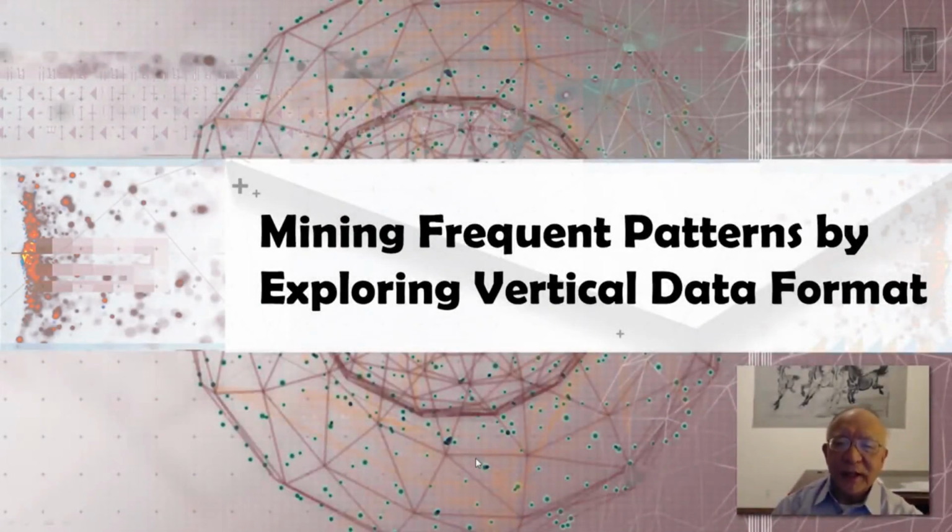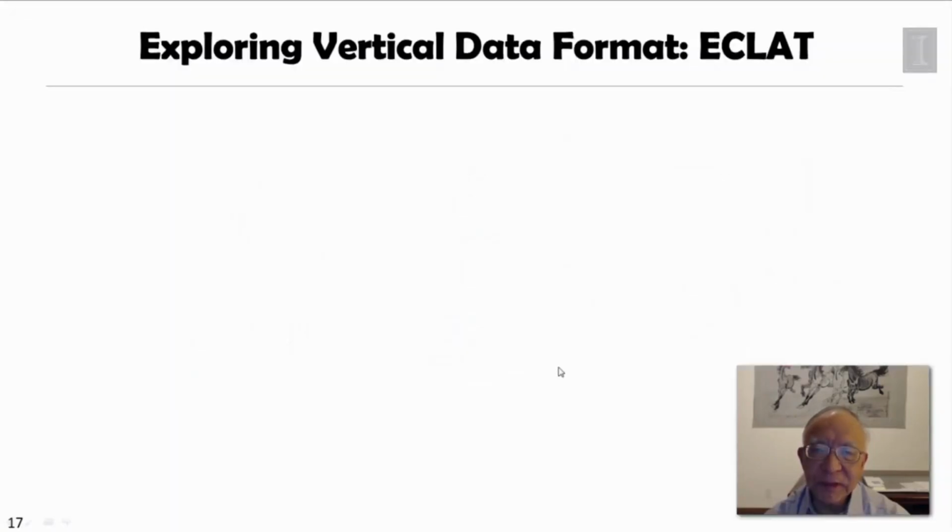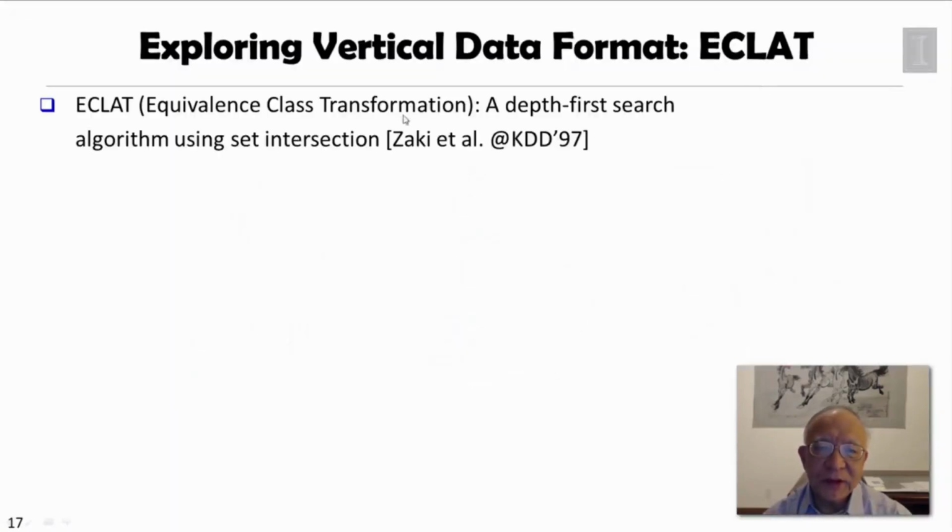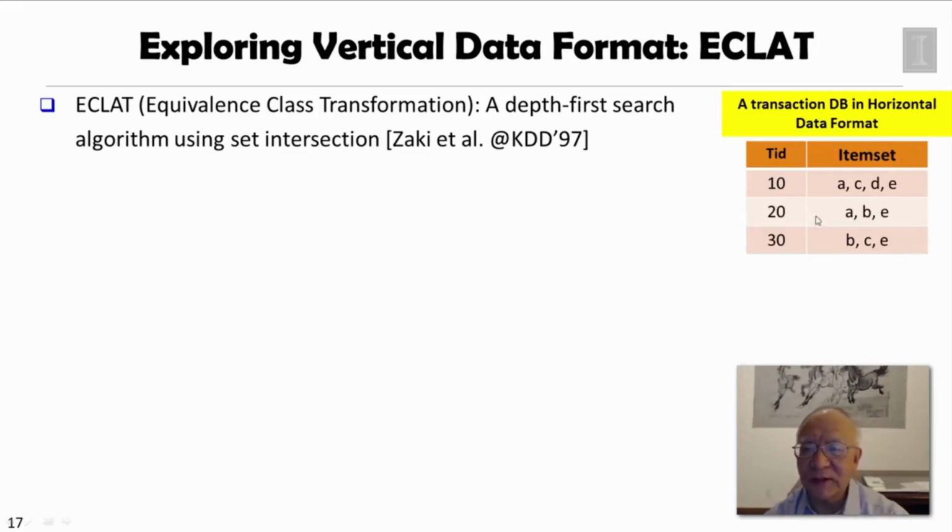Now we are going to look at another interesting pattern mining method: mining frequent patterns by exploring vertical data format. This method is called ECLAT, or equivalence class transformation. The general philosophy looks like this. The original transaction database is in horizontal data format: every row has a transaction ID and a set of items.